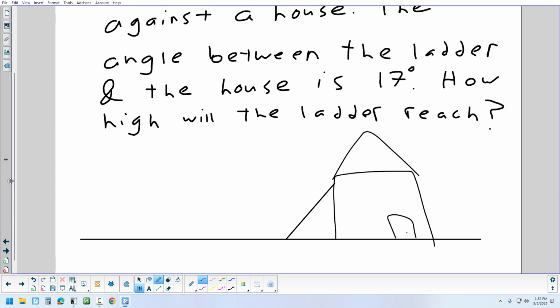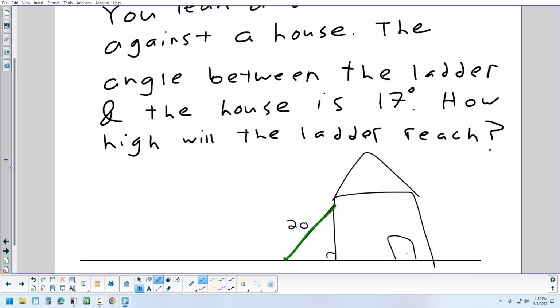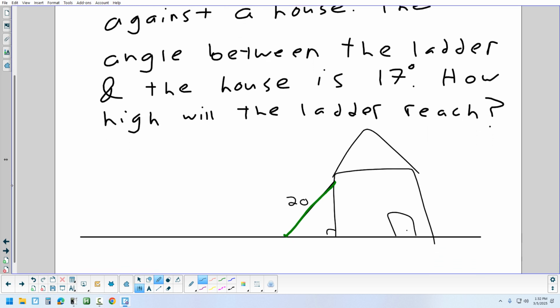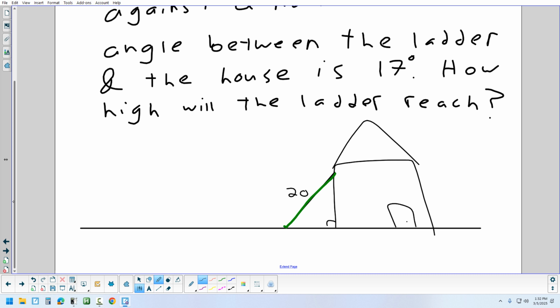The ladder is 20 feet. Okay, so that's the length of the ladder from there to there. And then what else? We have 17 degrees. Okay, where's that going to go?